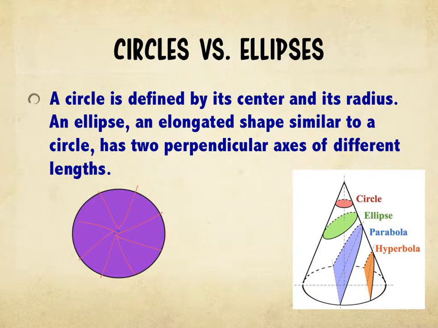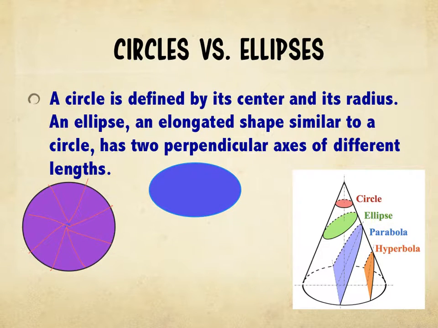An ellipse is more like that. So you can have a vertical ellipse, or you can have a horizontal ellipse. You can have one like this, or you can have one like this, okay? But they're more oval shaped. What this says about those is that they have two perpendicular axes.